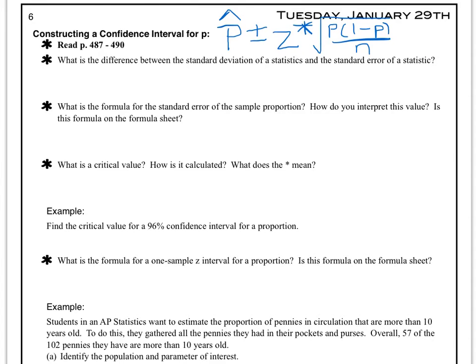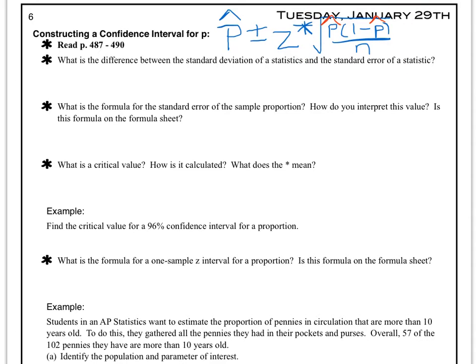But I have a problem. And you might say, oh, well, we don't know p. That's our problem again. Well, we may not know p, but we know a good estimator for p, and that would be p hat. So if I just turn these into p hat, I can use that to calculate my standard deviation. Okay, when we have to plug a statistic in for a parameter in order to calculate the standard deviation like we did right here, that is no longer called standard deviation.